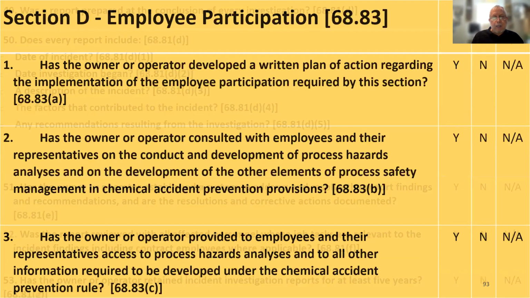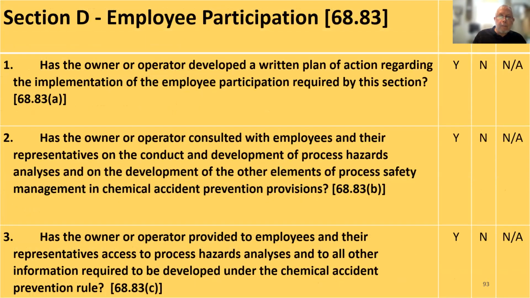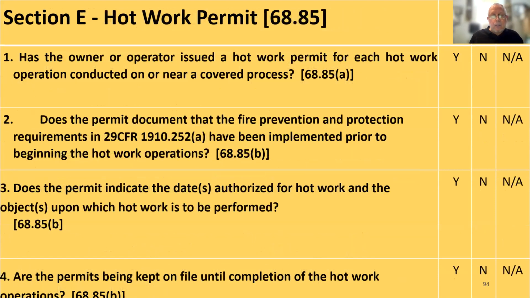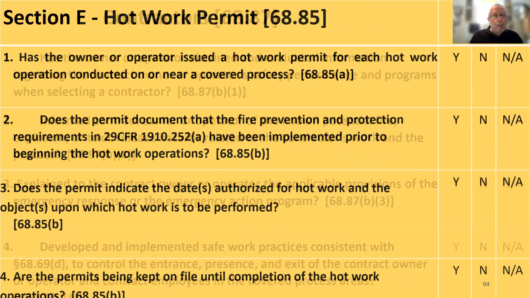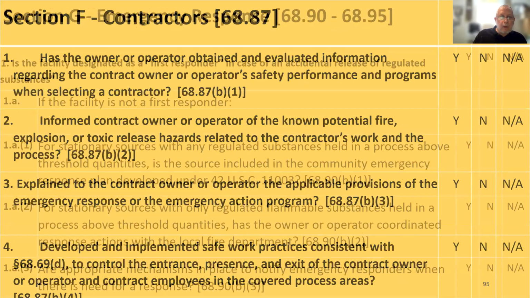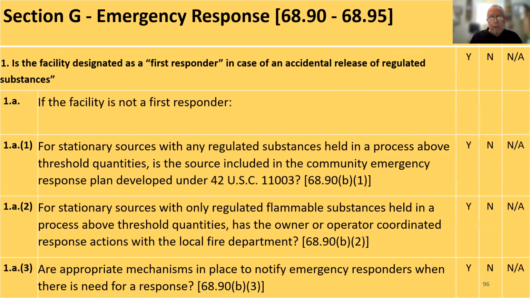Employee participation, they just kind of put some things in a different area. And employee participation is almost like employee information. Hot work permits, contractors. If you have highly hazardous chemicals, you have a lot of contractors come in, you've got a lot of work to do, keeping tabs on them and making sure they're doing everything all right.